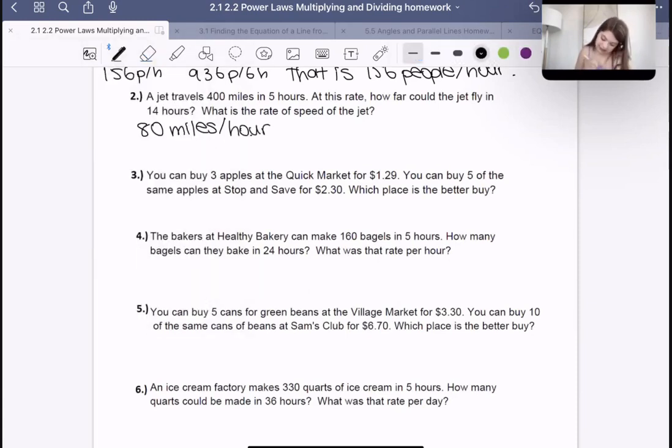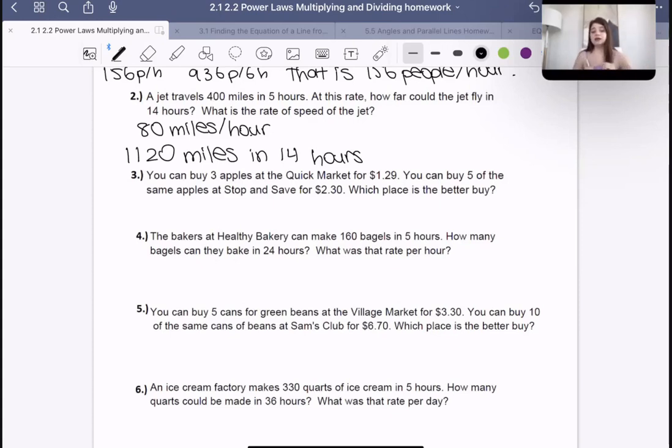Then they asked, how far could the jet fly in 14 hours? So if it's 80 miles in 1 hour, how many for 14 hours? We multiply by 14 and we get 1,120 miles in 14 hours at this rate. So now we've answered both questions.